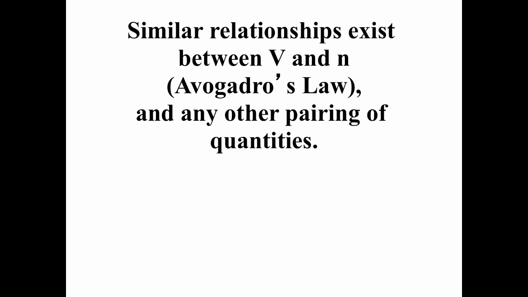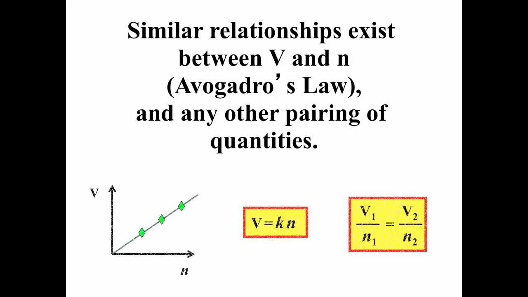Now it turns out that we have similar relationships to the ones we saw in the first screencast between pressure and temperature and volume and temperature, and now in this screencast between pressure and volume. And we can do relationships between volume and amount of moles, which is called Avogadro's law, and any other pairing of quantities or variables we want to do.